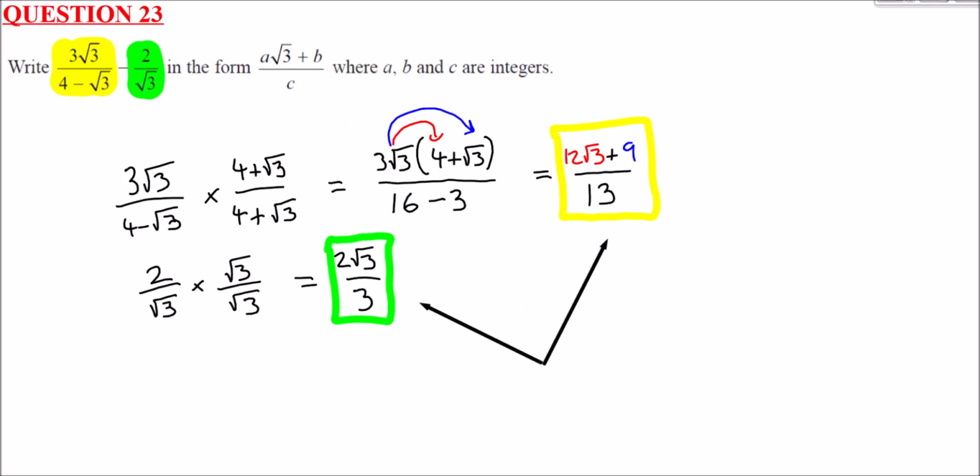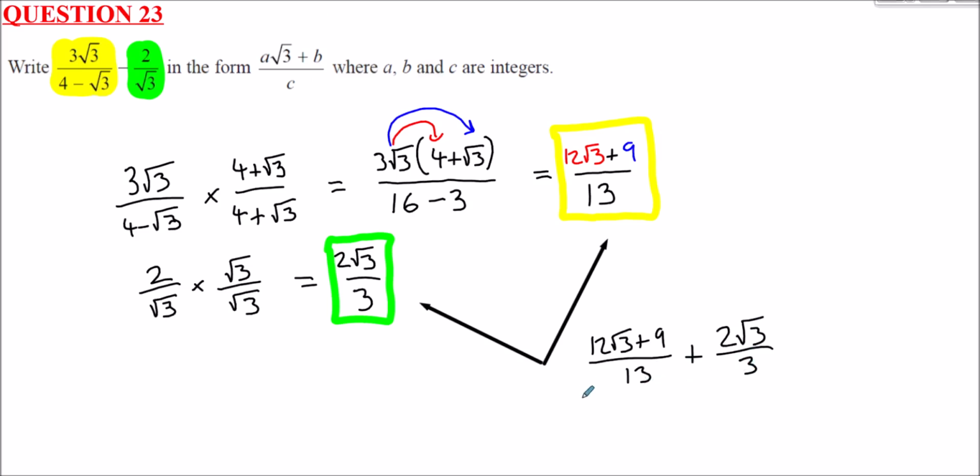So this here is the same as 12 root 3 plus 9 over 13, plus 2 root 3 over 3. This needs to be combined into a single fraction, so I need these to have a common denominator. So what I can do here is multiply each denominator by its opposite counterpart.